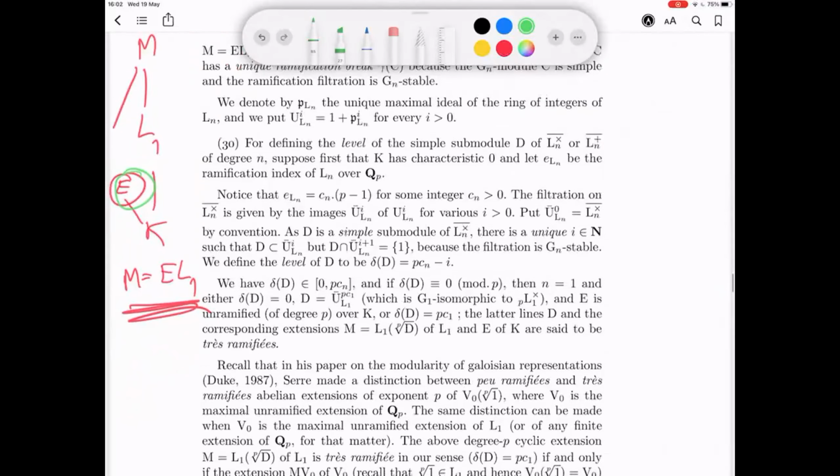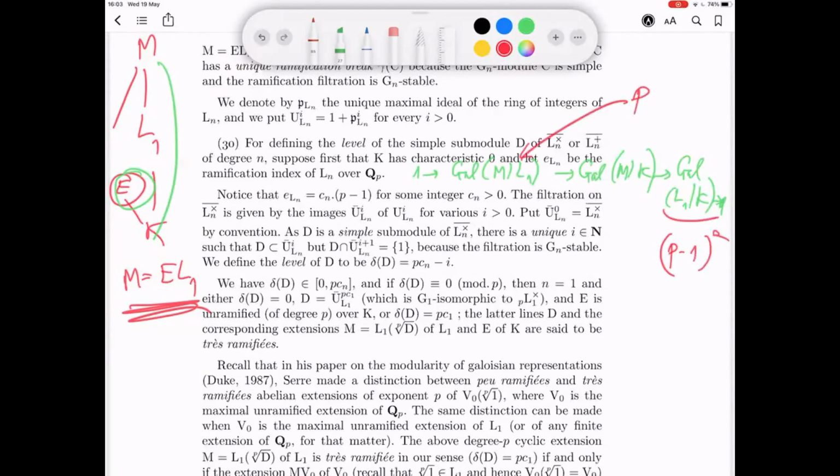I mean, this M was supposed to be Galois over K. So you get this exact sequence: 1 to the Galois group of M over L1 to the Galois group of M over K to the Galois group of L1 over K. That's an exact sequence. And here, what are the orders of these groups? This group is of order P, and this group is of order P minus 1 squared.